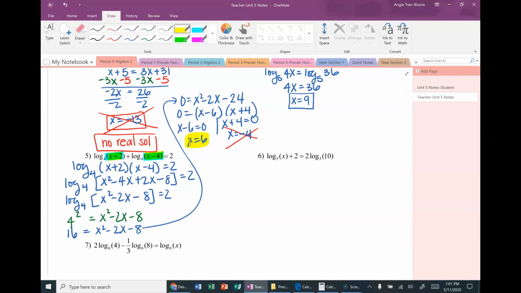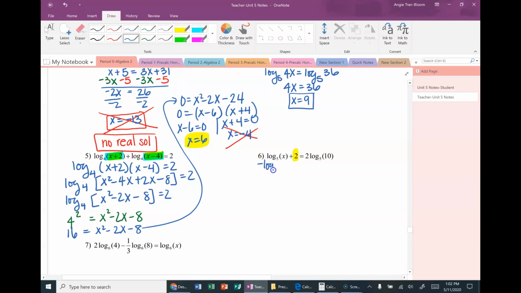All right, number 6. You have log base 5 of x plus 2 equals to 2 times log base 5 of 10. As you can see, you have one log on each side. But this 2 right here does not have a log, so no, you cannot drop it. So what you want to do is move all the logs to one side.